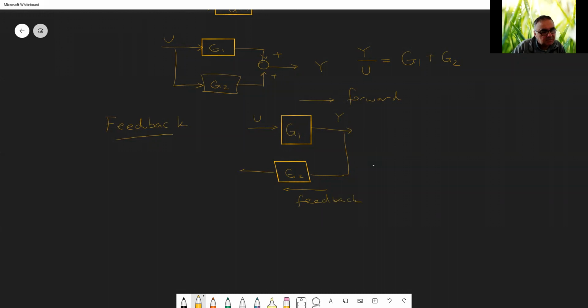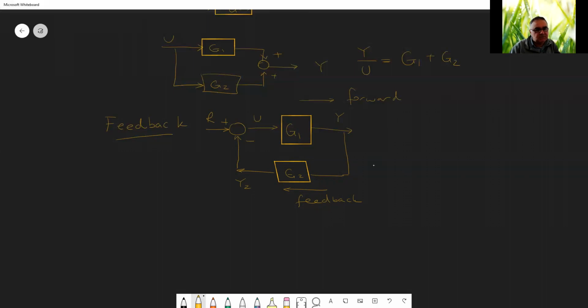Let's say this is Y2. The importance of this is that we can use this Y2 in order to generate our U. For example, we can use it like this. This is a minus. Let's say this is an R, let's say plus.